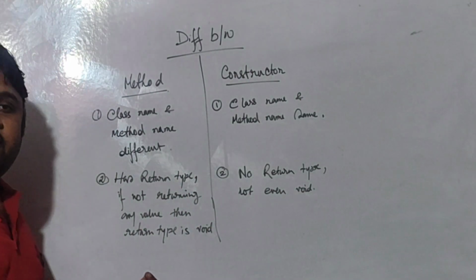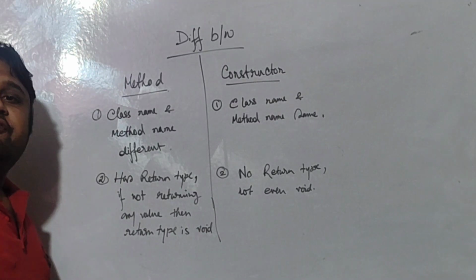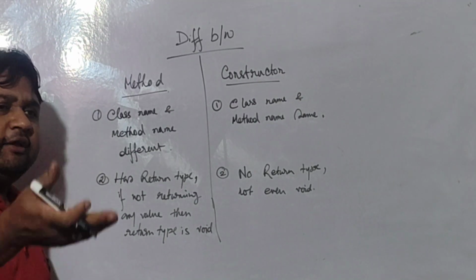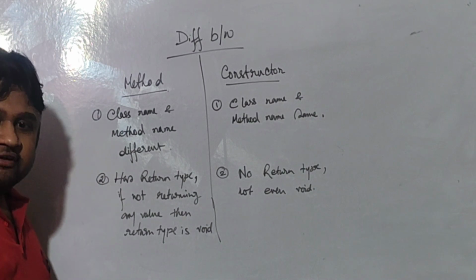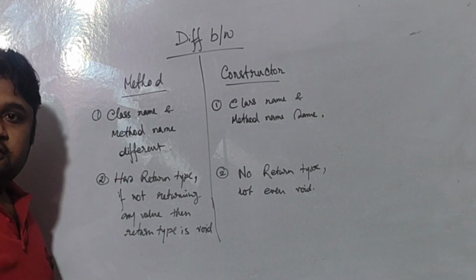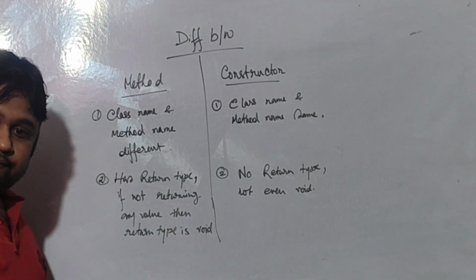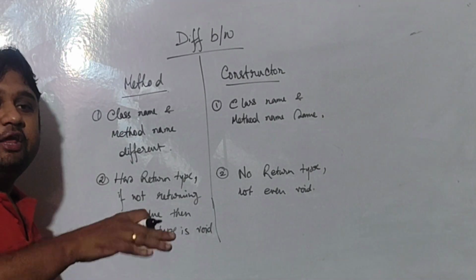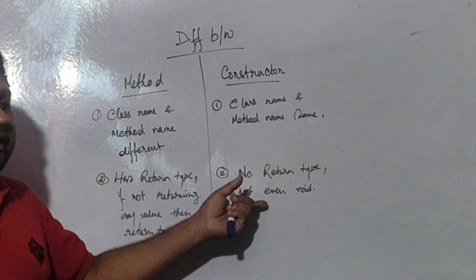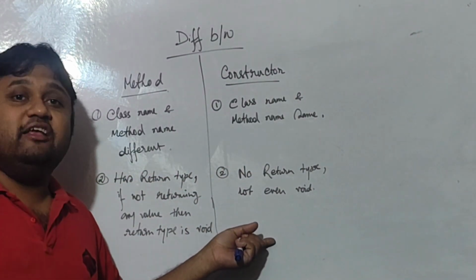In a method, we are calculating and giving some results. Sometimes we are returning some results, sometimes we are not returning results. We are printing the output over there. So some process we are doing here, either calculation or output or input, whatever. And in a constructor, only initializing the data members.